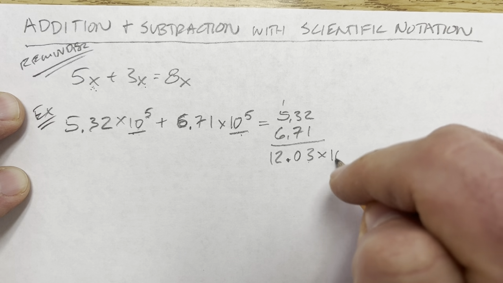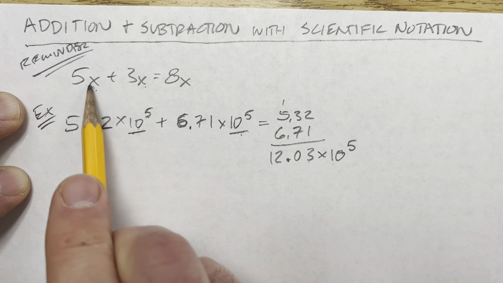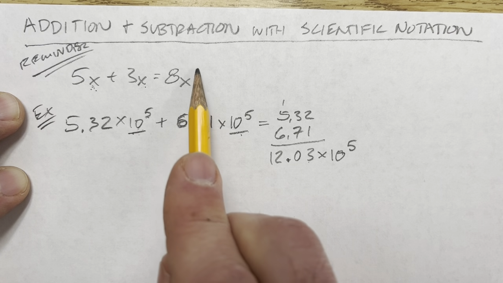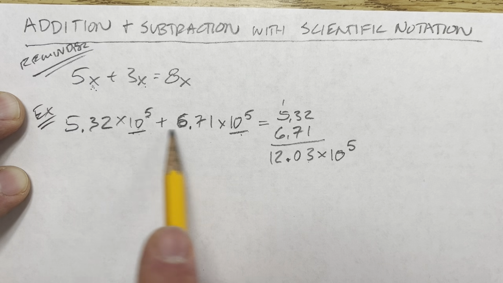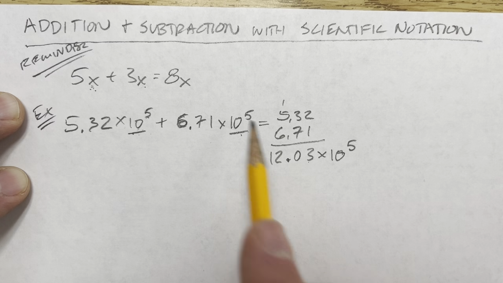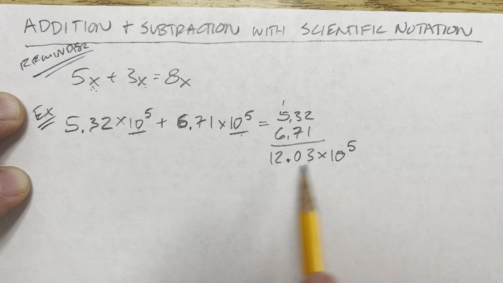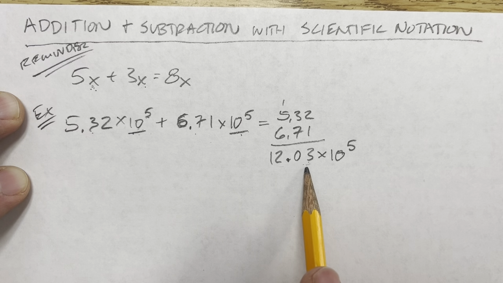So 12.03 times 10 to the 5th power. Remember, when I add x like this, I don't change my exponent. Same thing is true with scientific notation. I keep this 10 to the 5th the same. I only add the coefficients together.